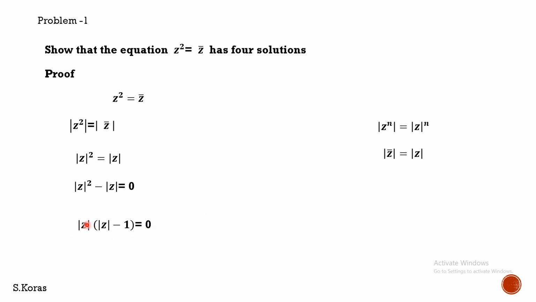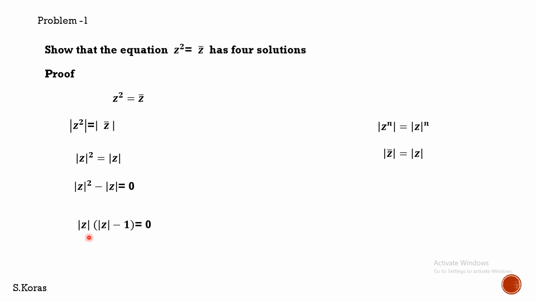Right. If we consider the first case, that is modulus of z is equal to 0, then you know very well that only in one case will the modulus value become 0. That is, that complex number should be equal to 0, that is 0 plus 0i. Otherwise, the modulus value will not become 0.